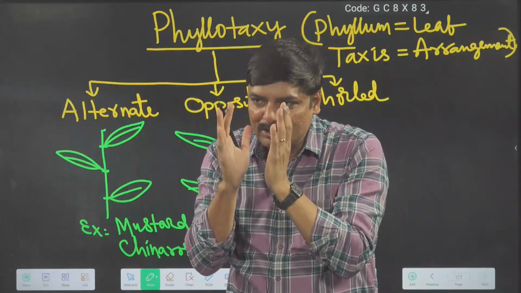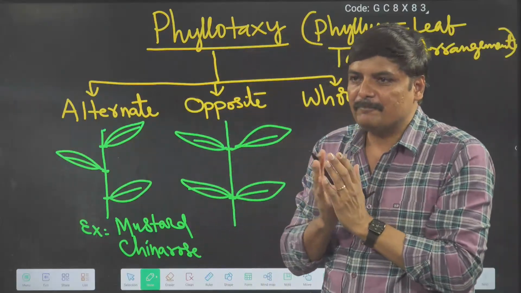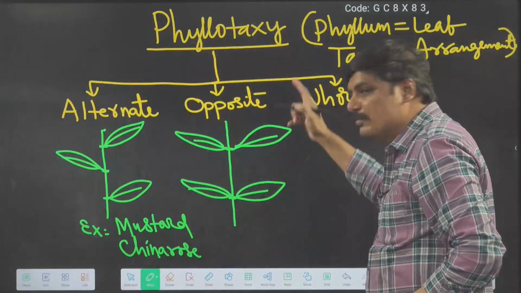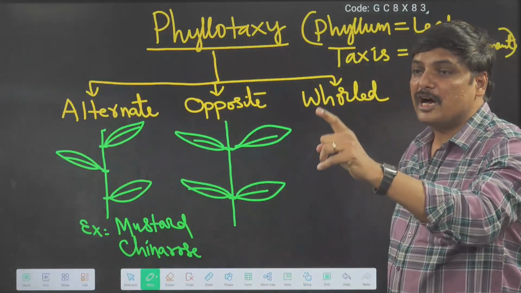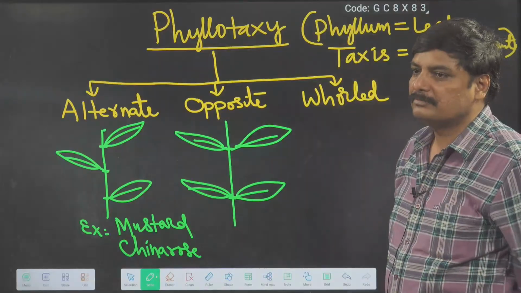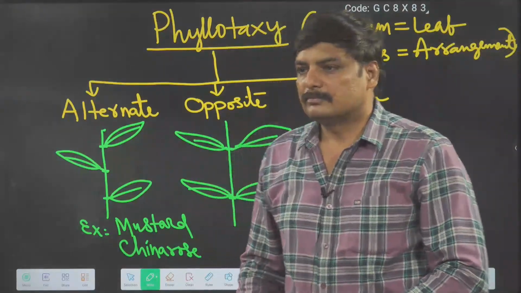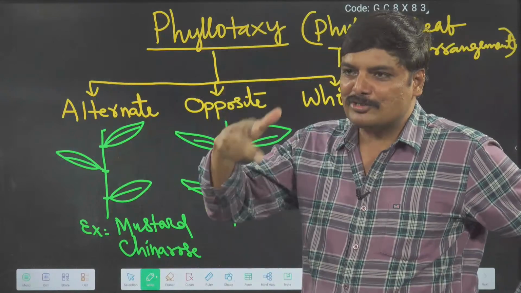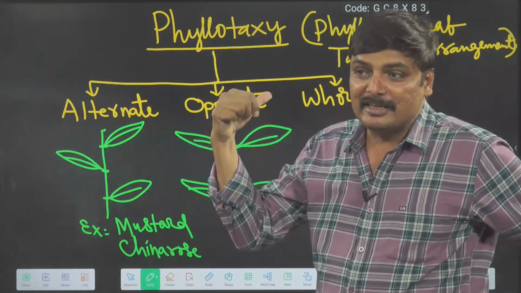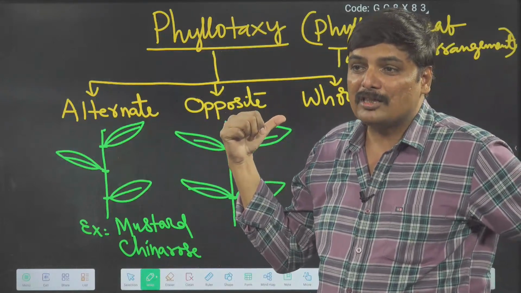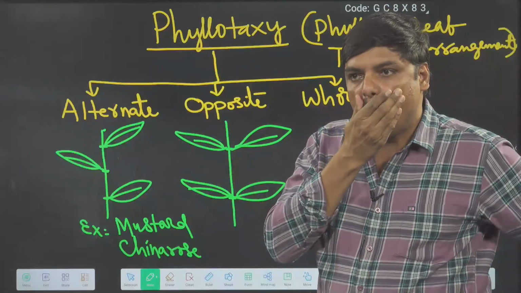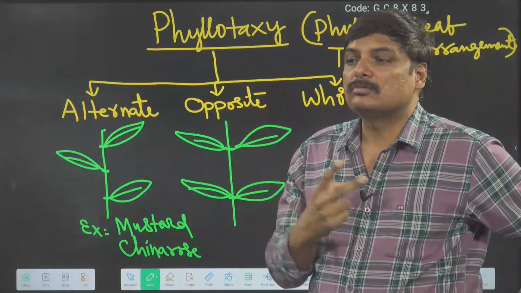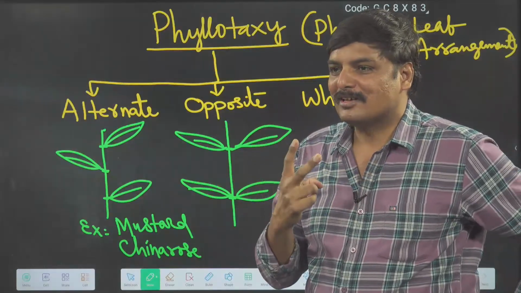Now I will ask one question. In this arrangement, leaves are arranged in how many rows throughout the plant? Leaves are arranged in how many rows in opposite phyllotaxy, in this case, what I have drawn on the board? Yes, two rows.